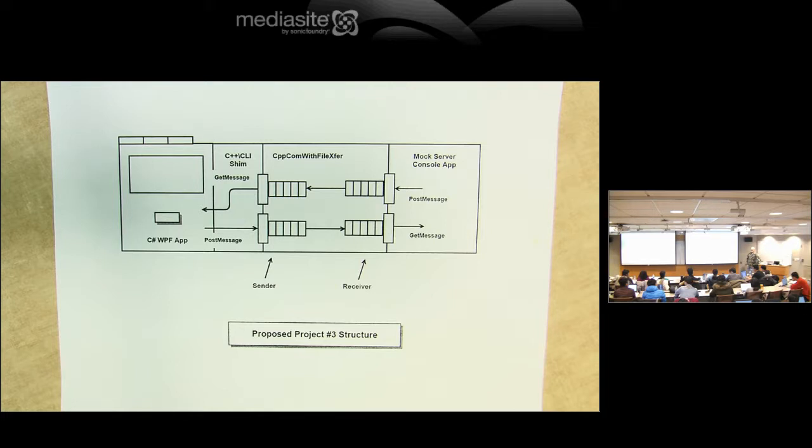Nobody. One. Okay. How many vote for looking at the COM code? Okay. How many vote for looking at a C# application? Okay, so let's look at the COM code first, and then we'll try to pull up a C# application, and then we'll go to requirements.